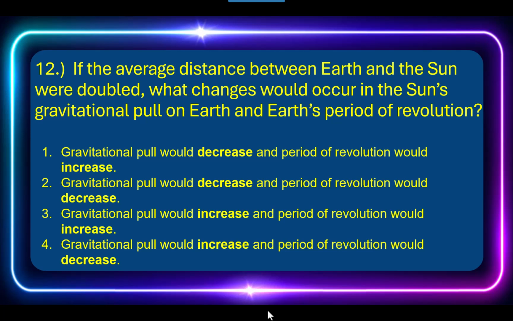So is it 1, gravitational pull would decrease and the period of revolution would increase? Is it 2, gravitational pull would decrease and the period of revolution would decrease? Is it 3, gravitational pull would increase and the period of revolution would increase? Or is it 4, gravitational pull would increase and the period of revolution would decrease? Go ahead, lock in your answers.